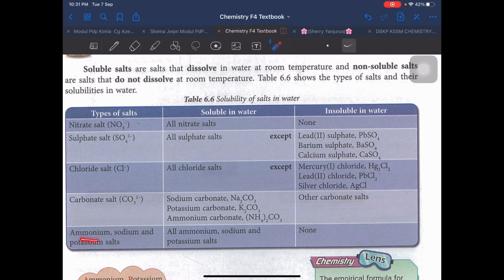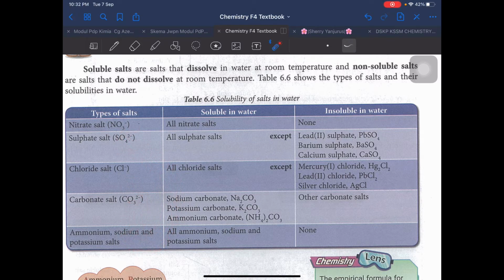And for ammonium, sodium, and potassium, if you see ammonium, sodium, potassium, biarlah dia ammonium chloride ka, ammonium sulfate ka, ammonium nitrate ka, or sodium chloride, sodium carbonate, sodium sulfate, sodium nitrate.